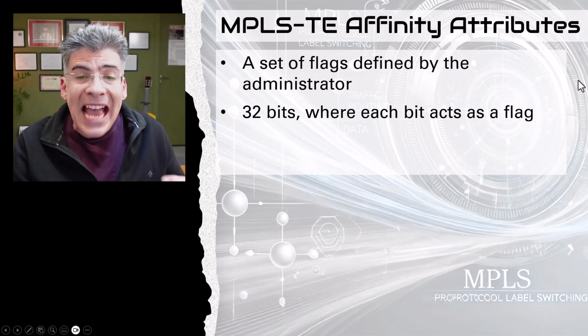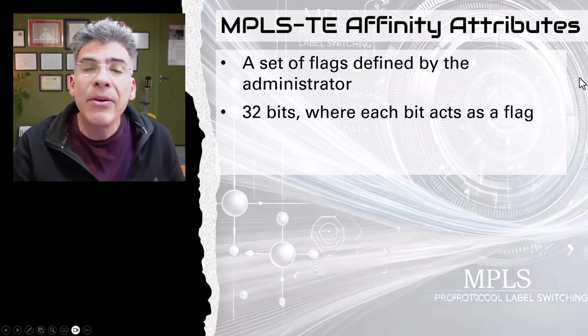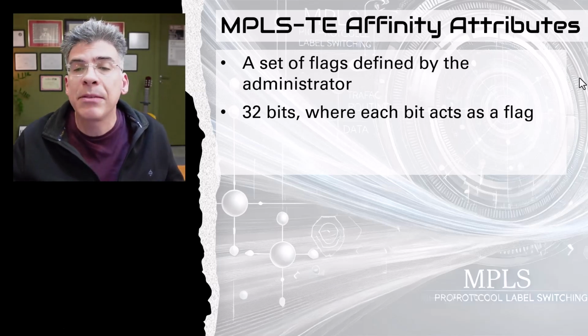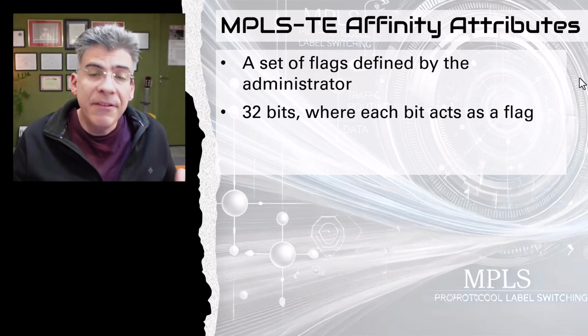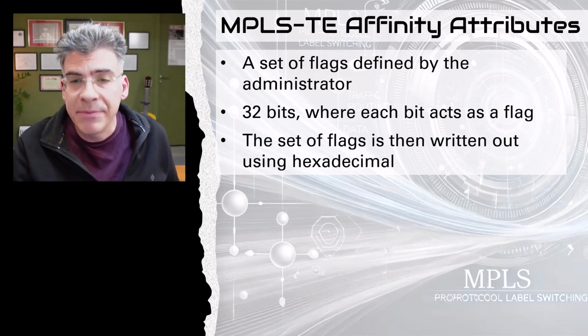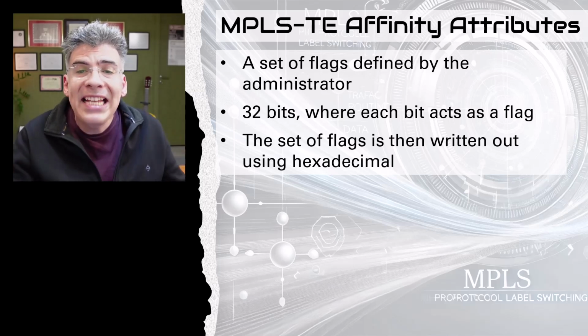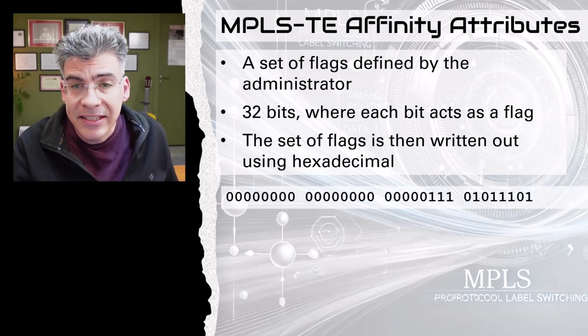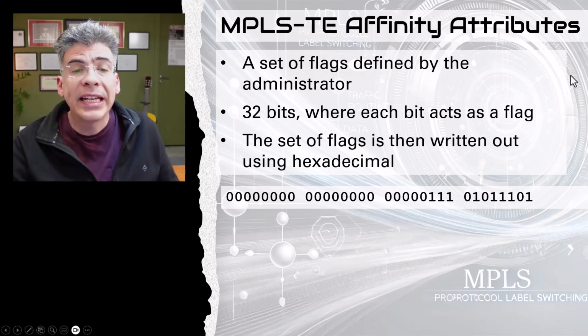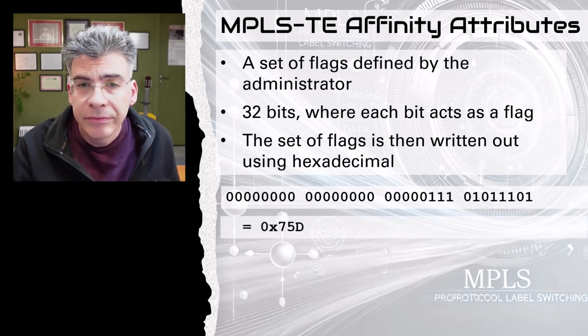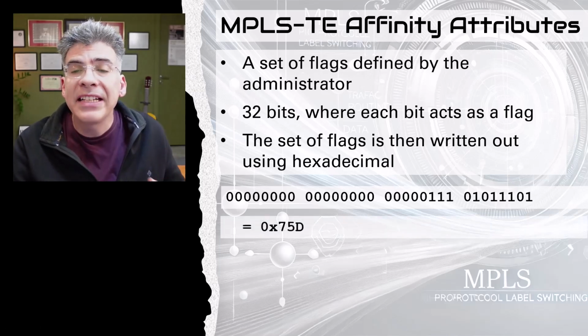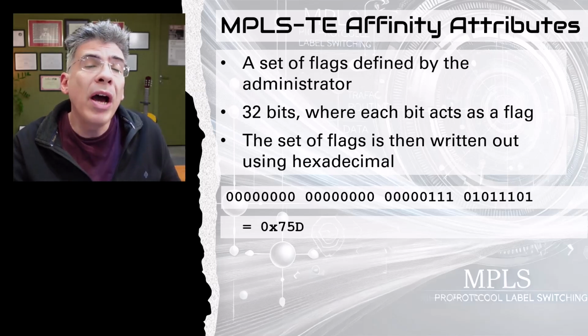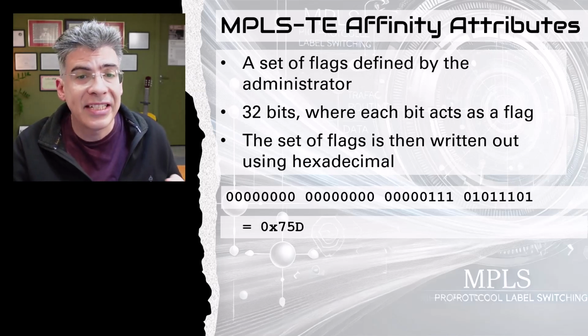The affinity attribute set of flags is then written out as a hexadecimal value, and that's how it's configured within the devices themselves. So a set of flags that looks like this has the following hex value. This hex value defines which flags are set to 1 and which flags are set to 0.